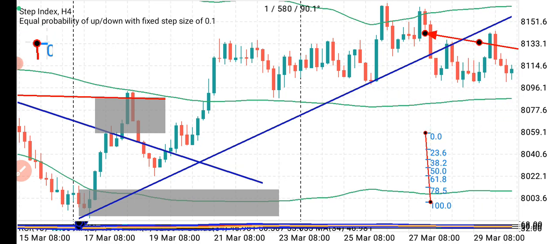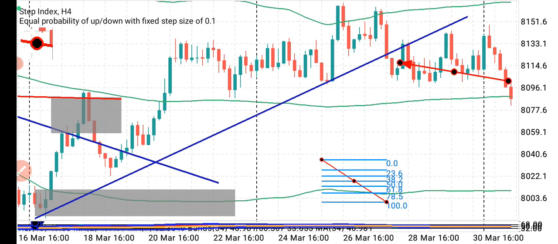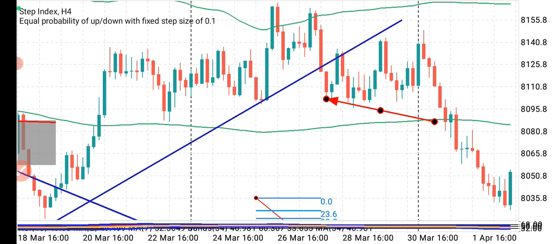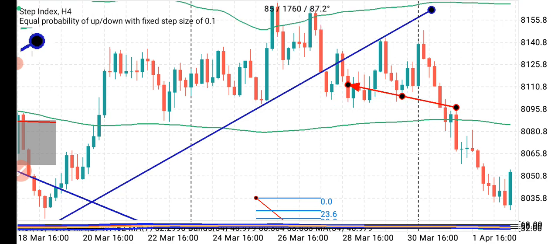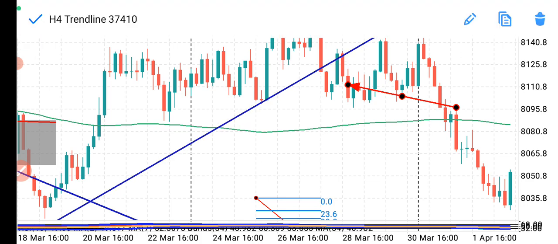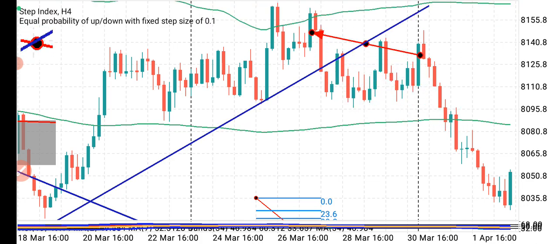And looking at this scenario again, you can see the pressure with which price came down and broke this trend line. Price came with full pressure and broke this trend line.